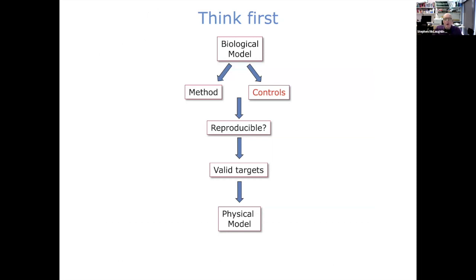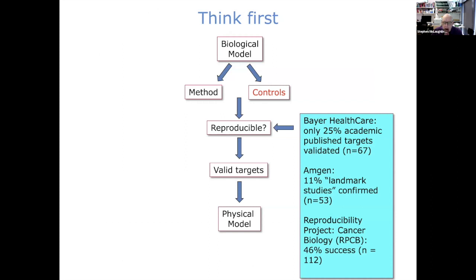Overall, the best thing to do when you come to any of these experiments is to think first, and to think about what your biological model is, and what method and what controls you're going to use. Is it reproducible? Reproducibility is really a bit of a crisis at the minute in science. Pharma have found that many drug pipelines actually fail, and one of the reasons may be that the underlying biology is wrong.